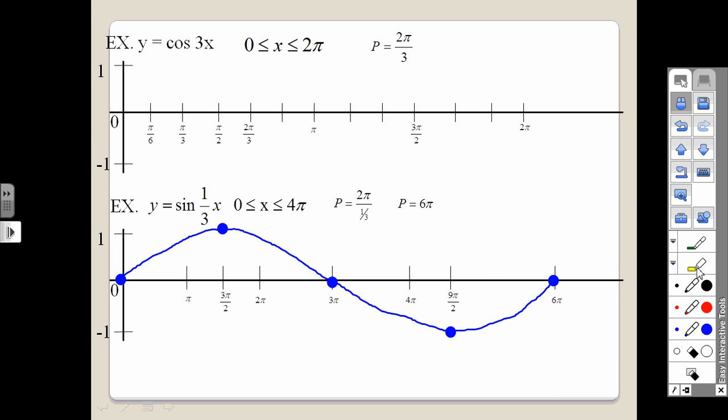Okay, so what we're going to do here is at 2 pi, right here, you can see that only 1/3 of the cycle has been completed. But we need to go all the way out to 4 pi. So how are we going to do this? So you can graph this just like we did here, and then I'll get rid of this.